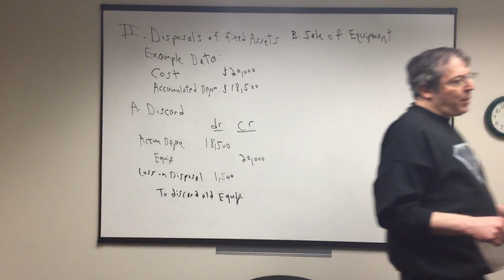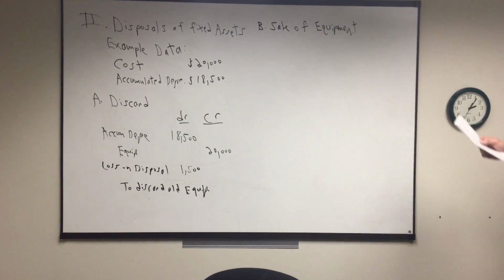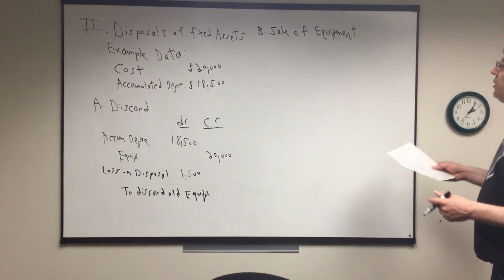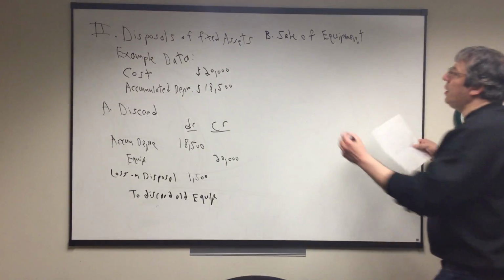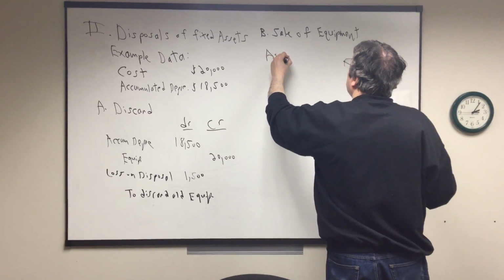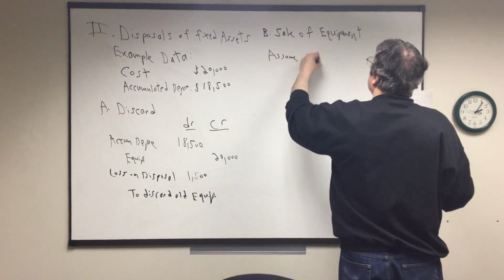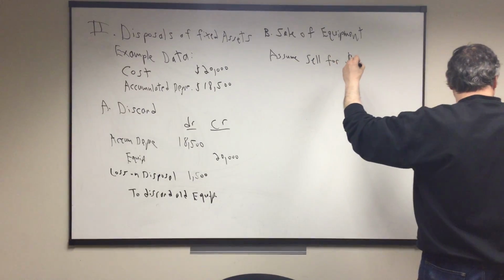The second way we're going to talk about today of disposing of a fixed asset is the sale of the equipment or the sale of the asset. All right, so we're going to assume these same facts. That's the cost, that's the accumulated depreciation, and we're also going to assume we're going to sell it for $2,600.